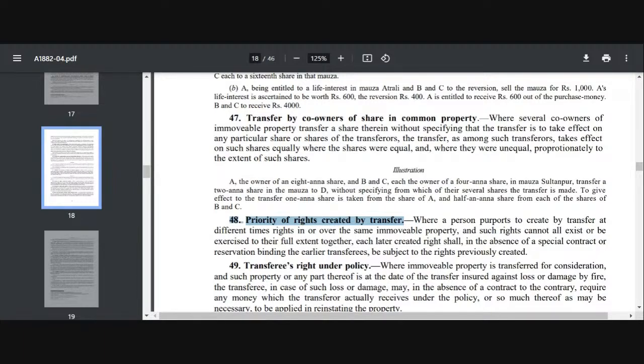So this section talks about priority of rights, and it deals with cases where you purport to create different rights by transfer at different times.